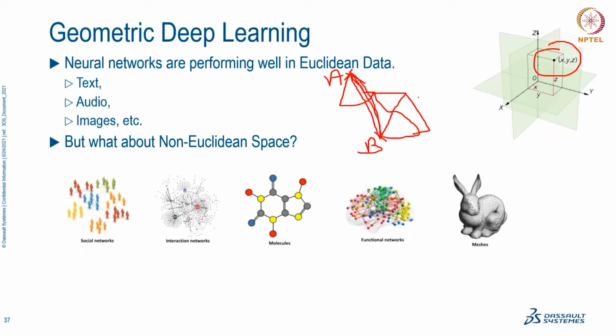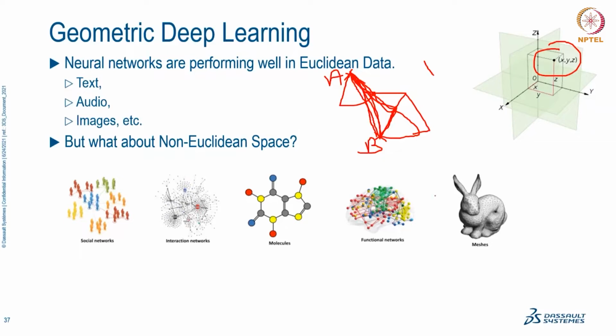But the same thing is not true in non-Euclidean space. So in non-Euclidean space, the distance is calculated along this and this. We cannot fly in the air directly in the non-Euclidean space. So we basically traverse the triangle sides and then reach A. So the distance is slightly different compared to the Euclidean distance.